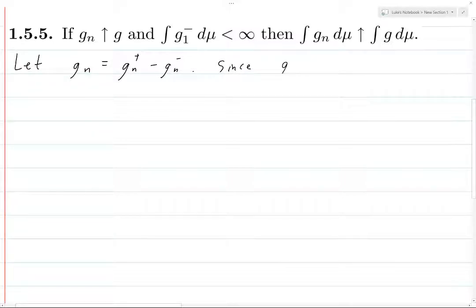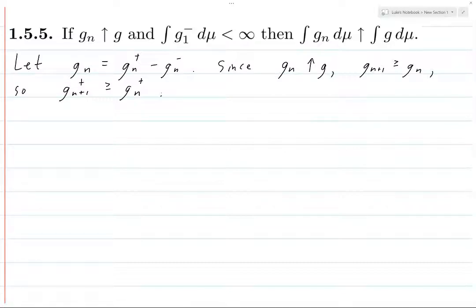Now, since gn increases to g, gn plus 1 is going to be bigger than or equal to gn. And so that tells us that gn plus 1 plus is going to be greater than or equal to gn plus, because it can only be increasing. The only way for this not to be true would be if gn plus and gn minus were like arbitrary functions.